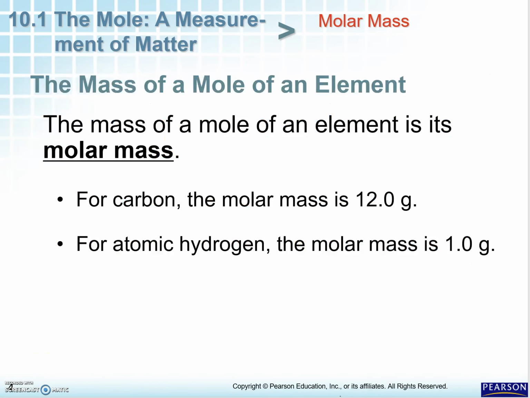If you were to look again at hydrogen, it says the same thing. The molar mass of that element tells you how many grams are in 1 mole of that element. So it's often expressed in grams of that element per, or divided by, 1 mole of that same element.